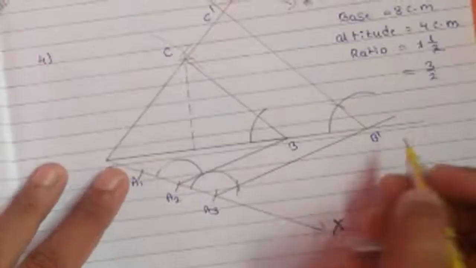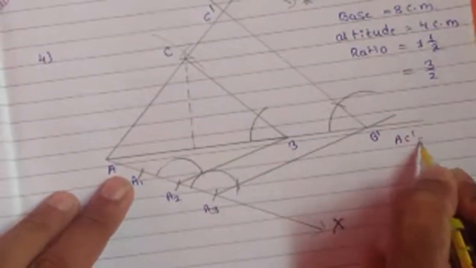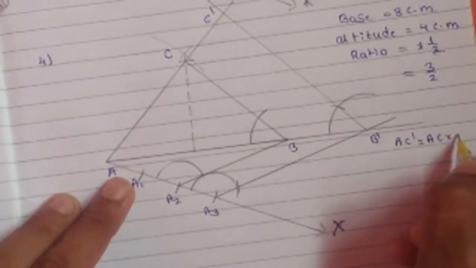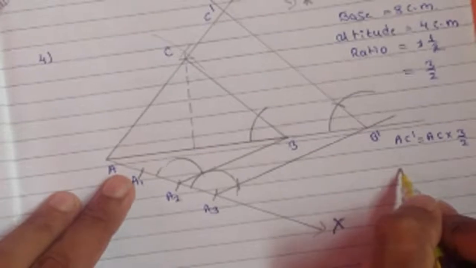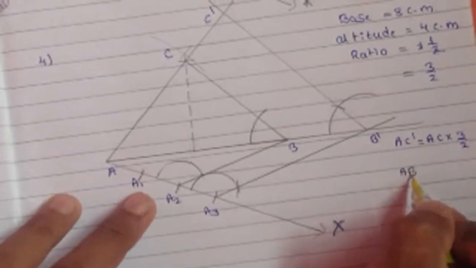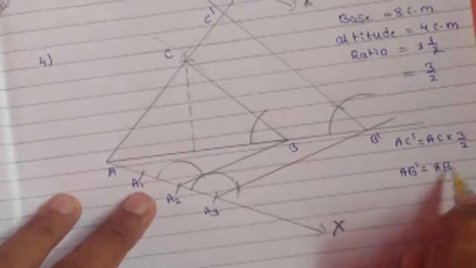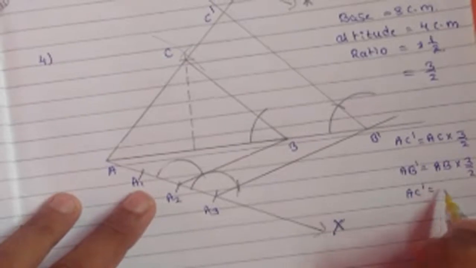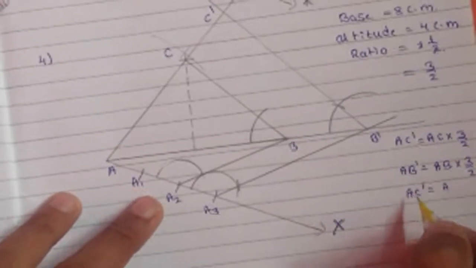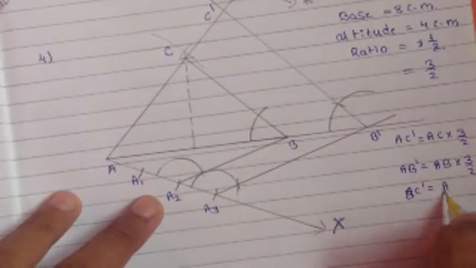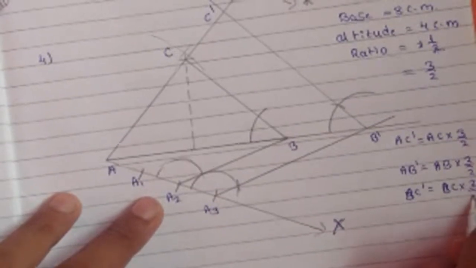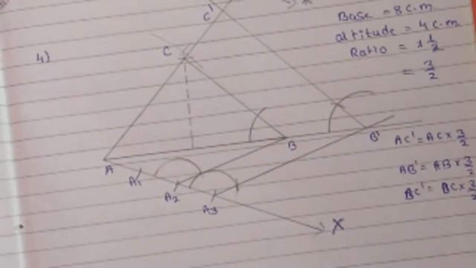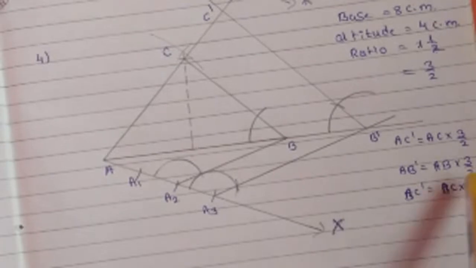And to get AC dash value, we have to multiply the ratio, and AB dash value, AB into 3 by 2, and AC dash value, AC already over, then BC dash value, BC into 3 by 2. Okay, each side we have to multiply with the help of the ratio. So then we will get the exact value by theoretical method.